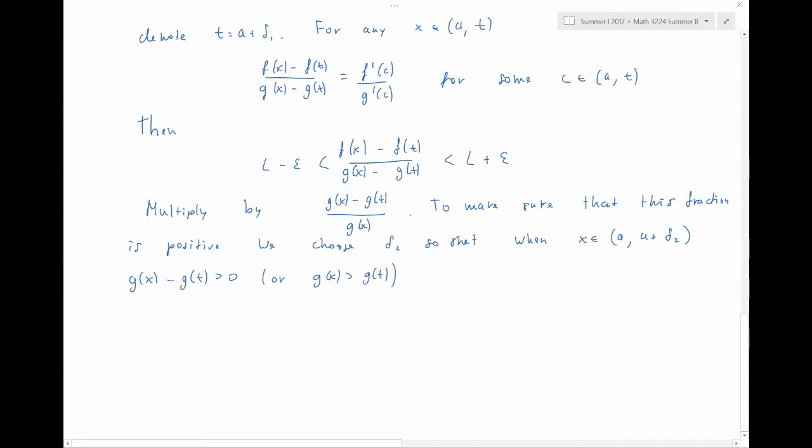Since this could be done for any m in our definition of a function going to positive infinity, this can also be done for g of t.